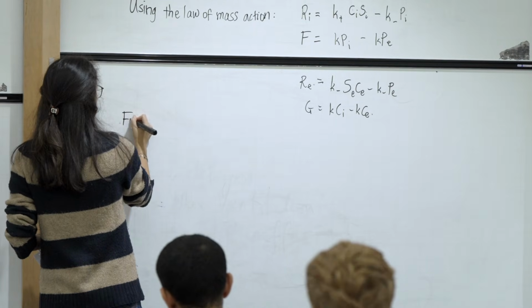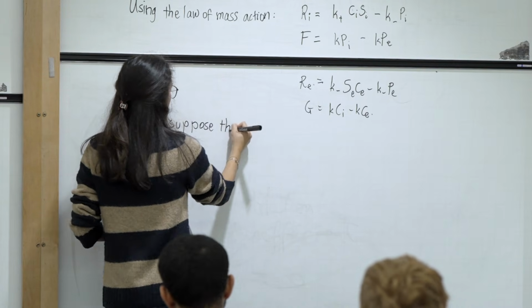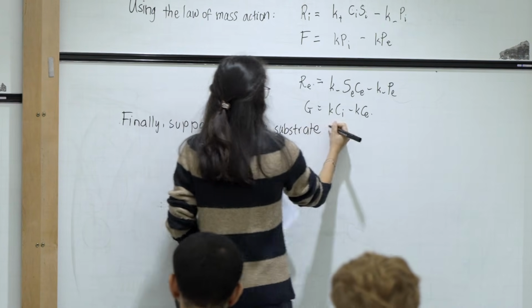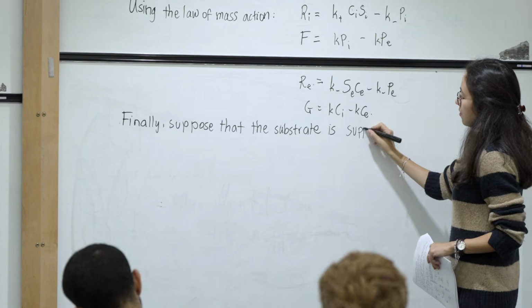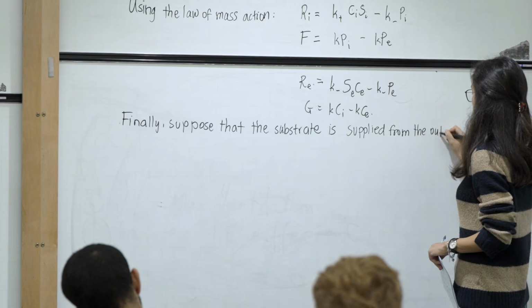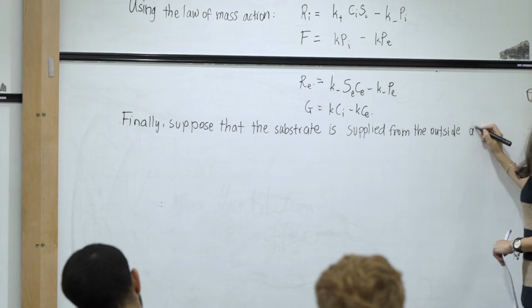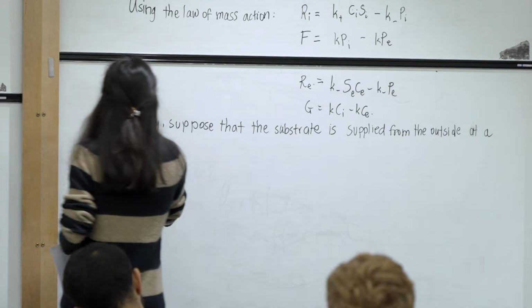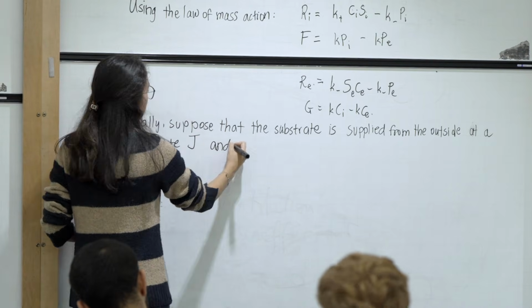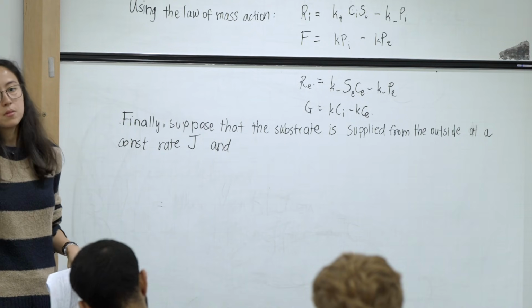Okay, so now finally suppose that the substrate is being supplied from the outside at a rate that is constant, a constant J. And I will also assume that you have this flux of substrates that is being taken away from the interior with exactly the same rate.